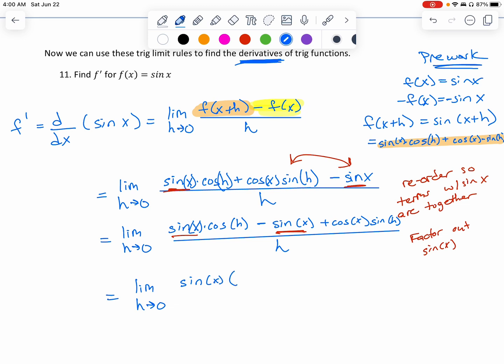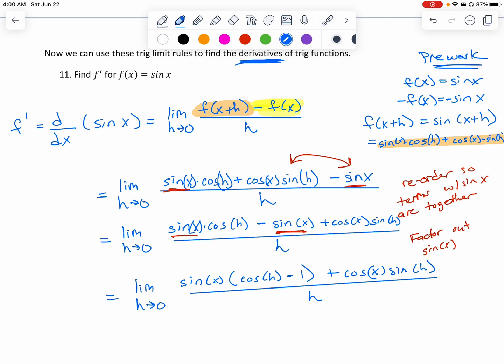And then I'm left with cosine of h minus 1. And I still have the plus cosine x times sine of h. And all of this is over h.